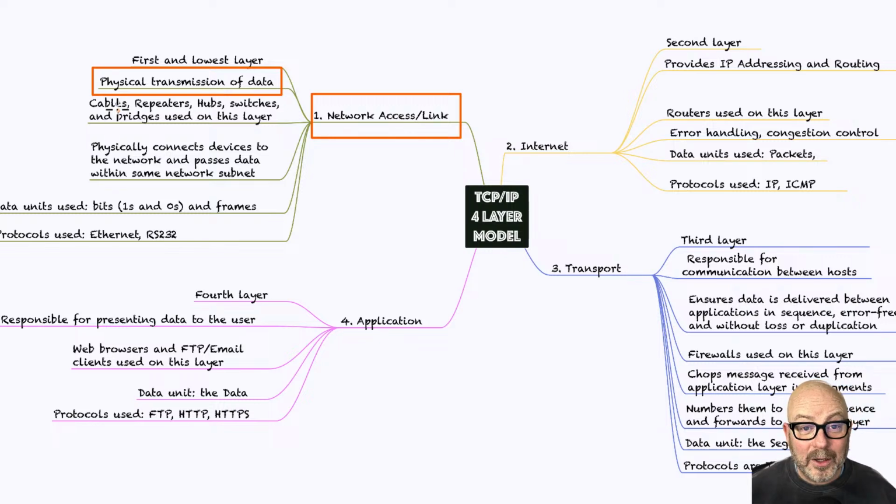So all of those devices sit on this particular layer, which means that if a new type of repeater or hub or switch comes out, then you will need to change this layer only.